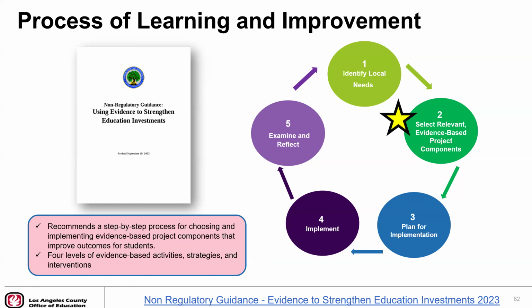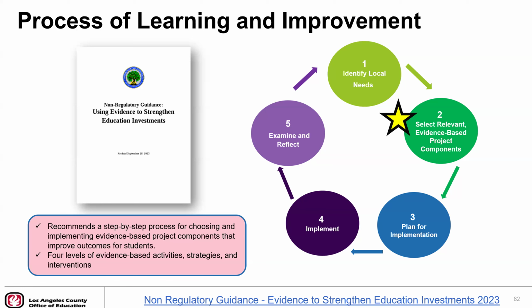Part 1 of the guidance reviews the steps necessary for effective decision-making about evidence used to address improved outcomes. Step 1 in the process is to engage in meaningful consultation with a broad range of educational partners to examine relevant data, to understand the most pressing needs of students, schools, educators, and potential root causes of those needs.